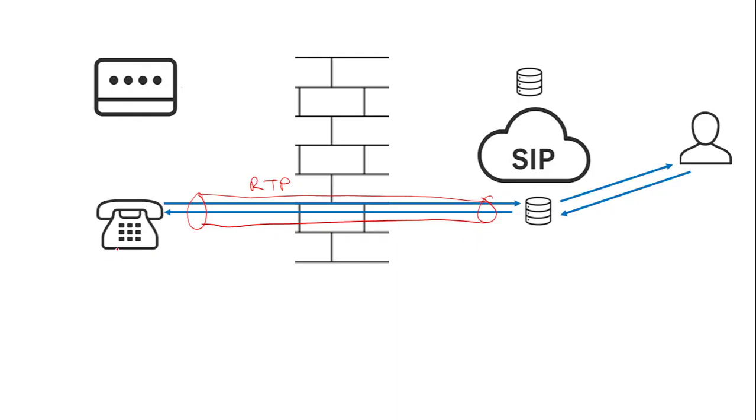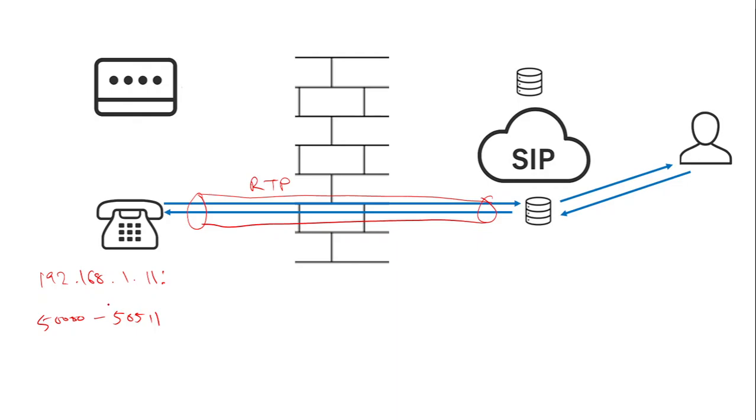So RTP, let's say this phone was 192.168.1.11, and then it's going to pick from the RTP ports of Mitel, which is from 50,000 to 50,511.